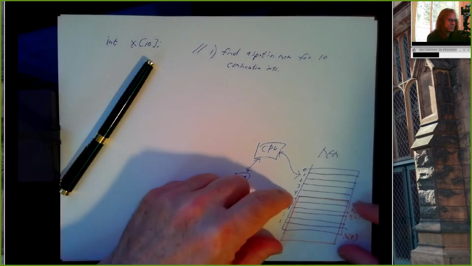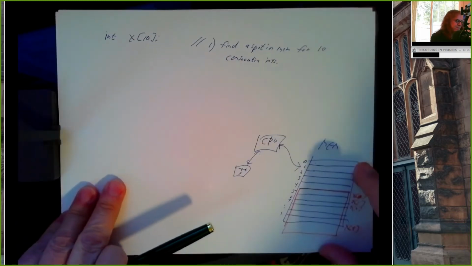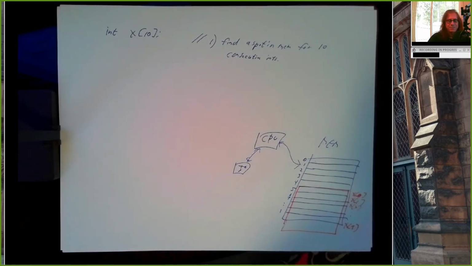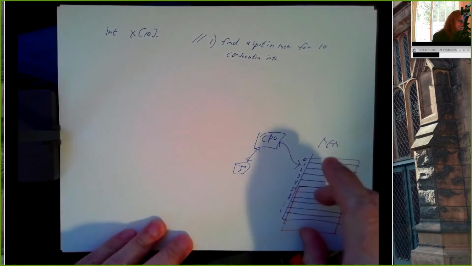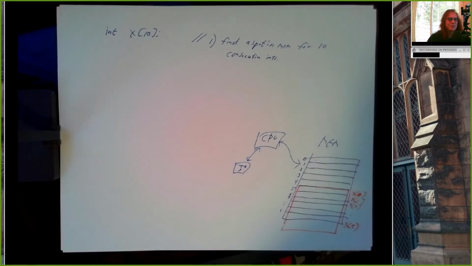So there are the 10 locations in memory where it's going to store my array. It finds a spot for that, and it does some magic to reserve this space so that something else doesn't say, I'm going to store the variable j right here. So it marks that as being in use. That's one thing it does.